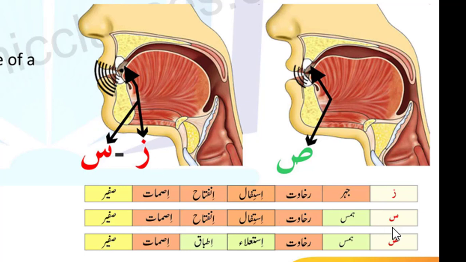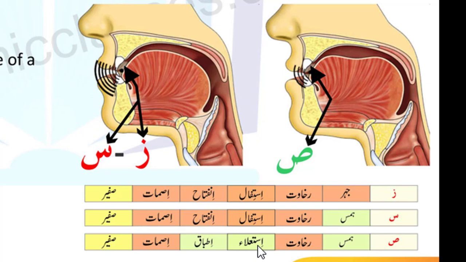So look at the difference now more. In sin and in sad, the hams quality, which I told you right now, on both letters you will see the air is flowing. The next is rakhawa. In all these 3 letters they have the rakhawa quality, and the first 2, za and sin, have istifal, meaning these both letters have a light quality.